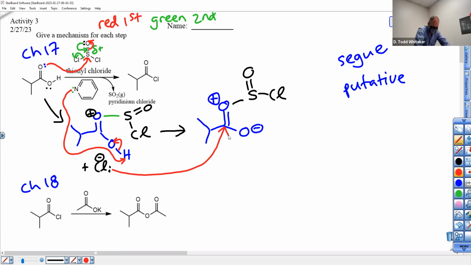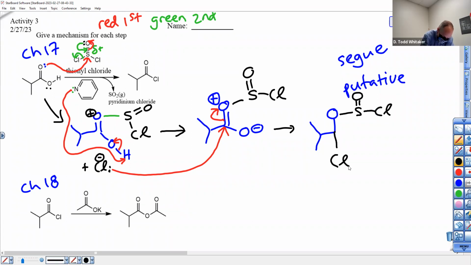I think my only option here with your mechanism is this. Break pi, right? Neutralize that O. Got your new Cl on here. And you got an O minus just ready to finish the game for you here.